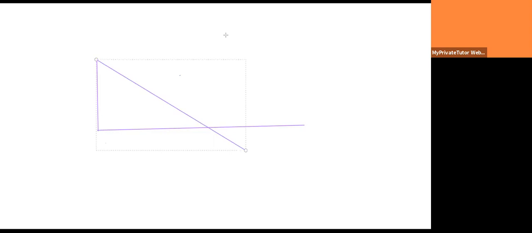It has 4 sides: 1, 2, 3, and this one is 4. So there is an intersecting point, and we call it an intersecting quadrilateral. That's it for today's webinar, guys.